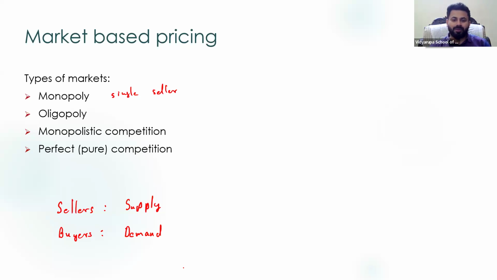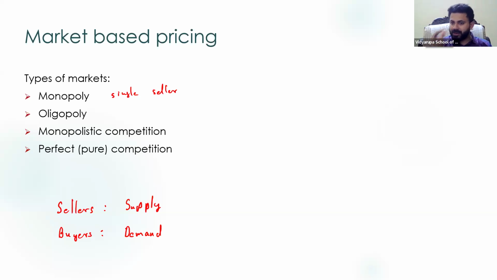What is an oligopoly market? In an oligopoly market, there are few dominant sellers. Let me repeat myself: few dominant sellers, very few. It's not like there are so many suppliers, so many sellers; rather there are only a few, and they control the market.